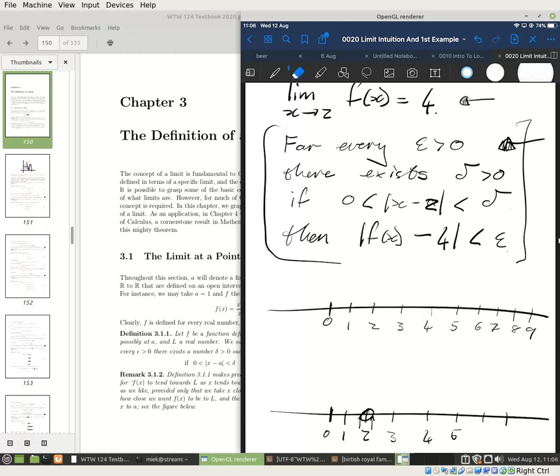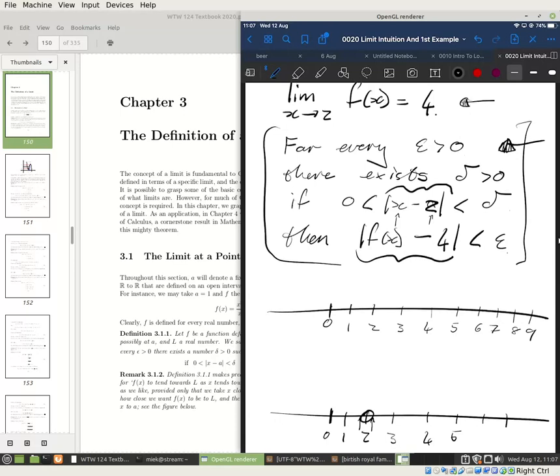And what you should think of, these expressions, these absolute values: the absolute value measures the distance of a number x to the number 2. And here, the absolute value of f of x minus 4 measures the distance of f of x to 4.